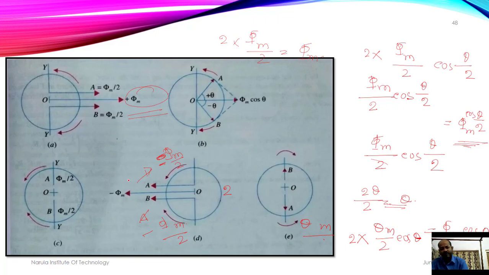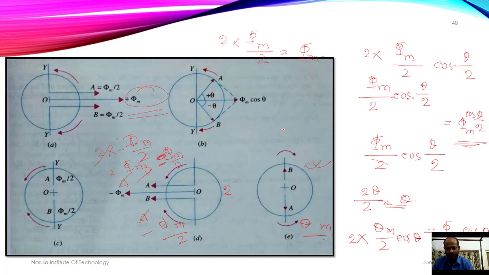So the resultant is 2 into minus phi m by 2, that is equal to minus phi m. And after 3/4 of the cycle, shown in this position E, it is again becoming 0.